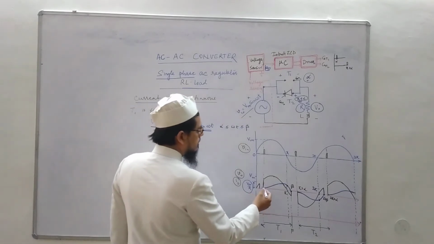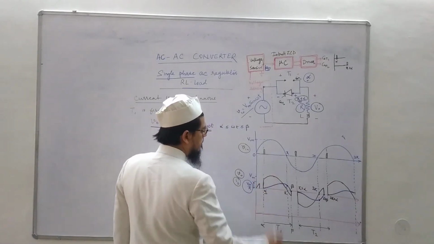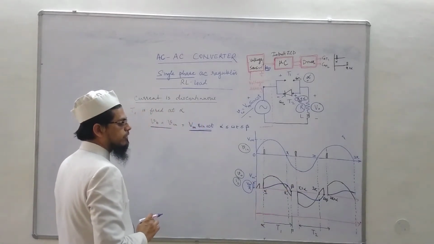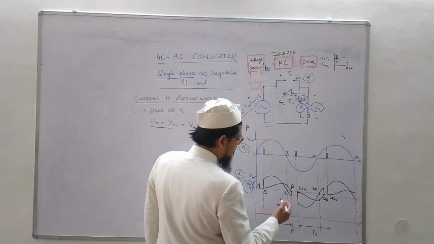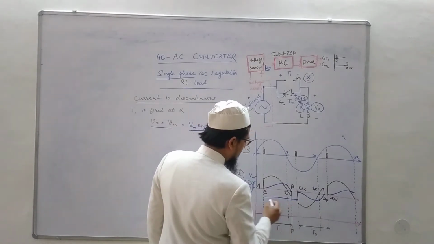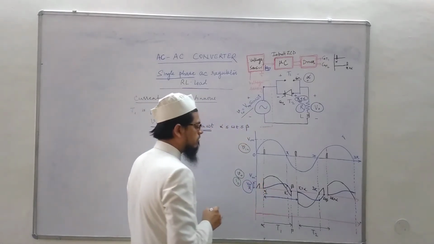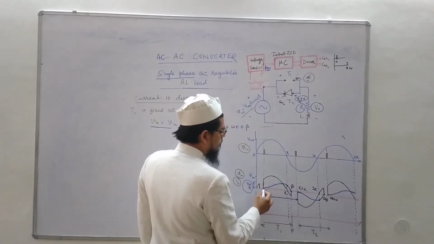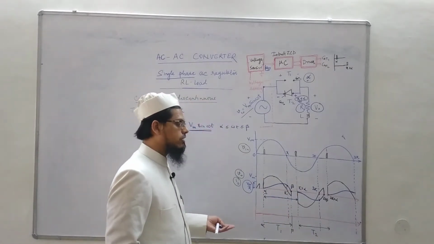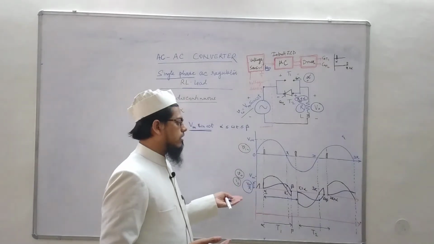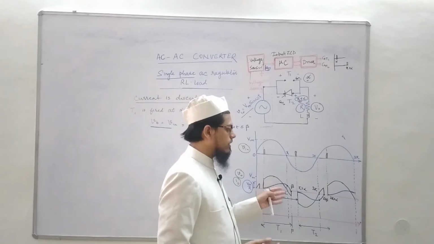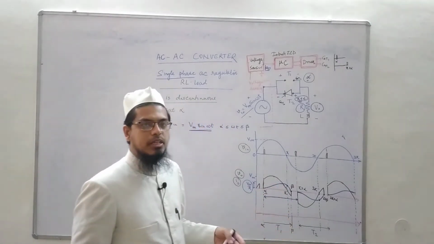Let us try to find out the RMS value of the output voltage. For our ease, we can consider the waveform from alpha to pi plus alpha. The time period is 2 pi for this waveform, but since it has got symmetry, we can consider half of the waveform to obtain the RMS value.